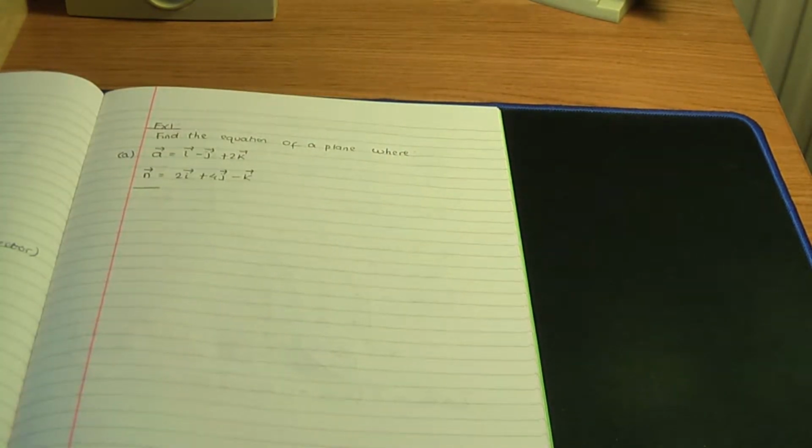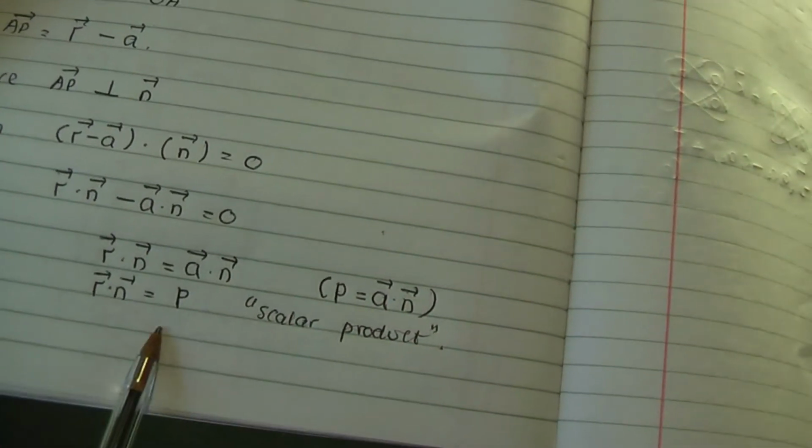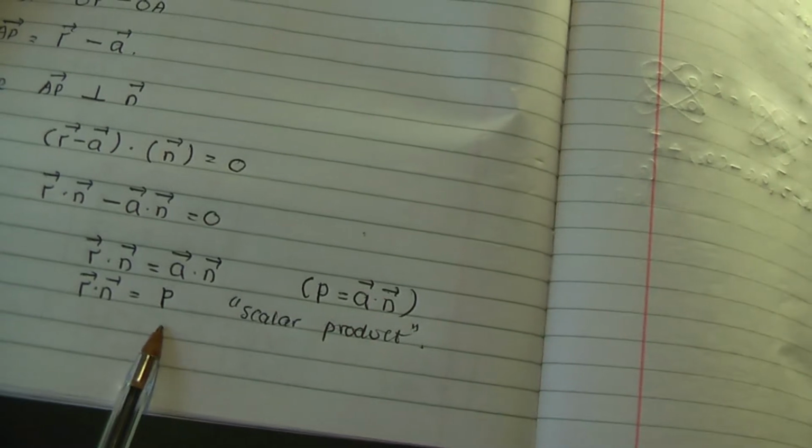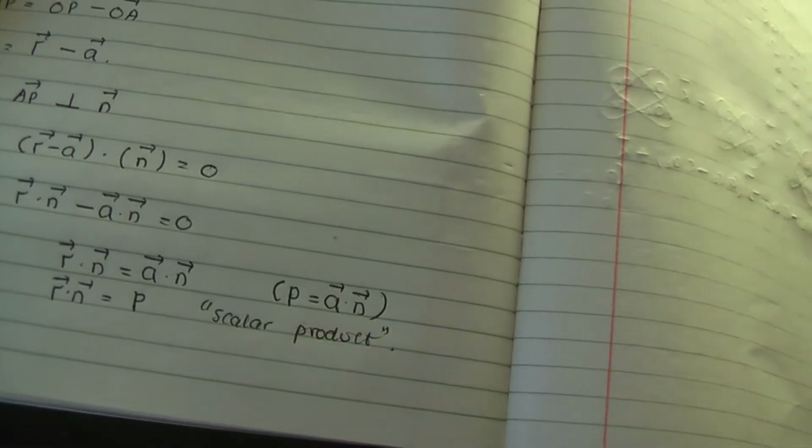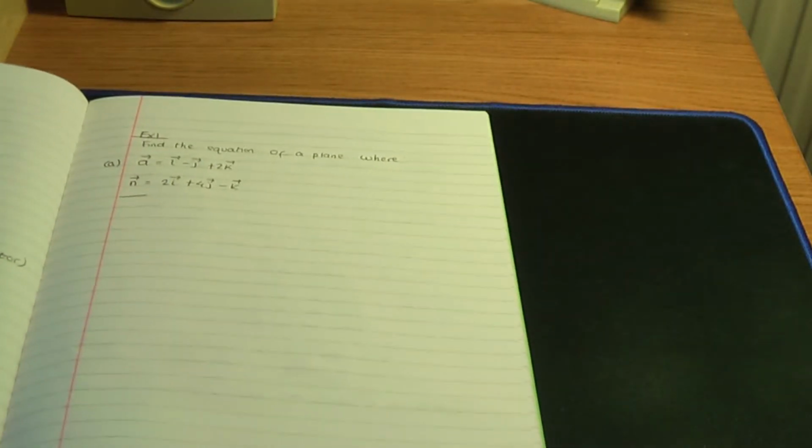Okay, so let me show you how this formula is applied. This is the scalar product equation for the equation of the plane, r dot n equals capital P, which is a dot n.